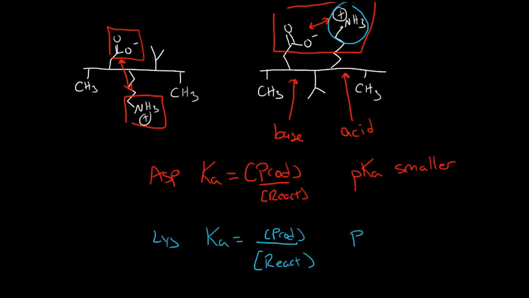So for lysine, because of the proximity of the carboxylic acid, we're actually going to have a larger pKa. So as you can see, the order of amino acids within a polypeptide chain, or as we'll see later, a protein, can really influence not just the physical properties, but also the chemical properties and the potential for reactivity of the amino acid side chains.